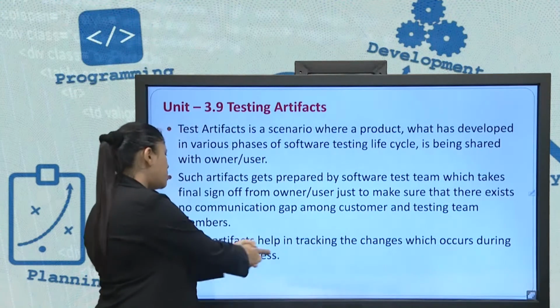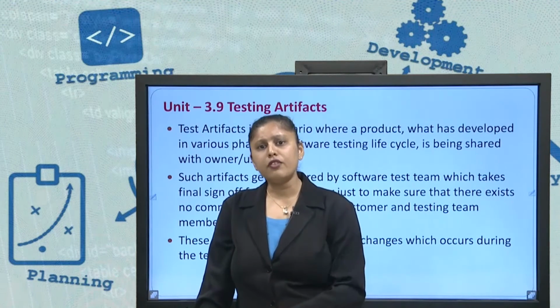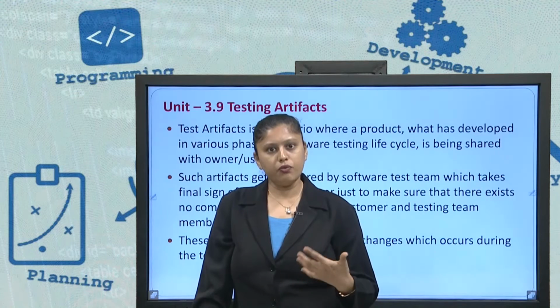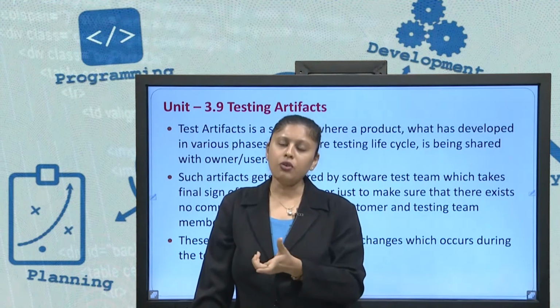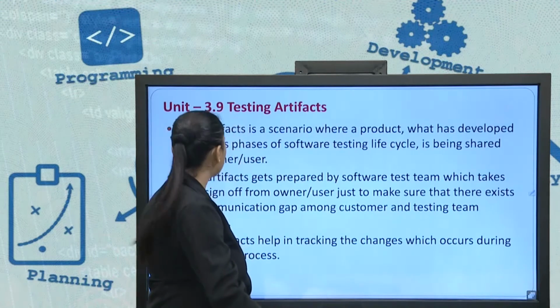Then it helps to track the changes. So now you need to modify your code again, and that modification of the code is something we need to track, which is also done with the help of artifacts.